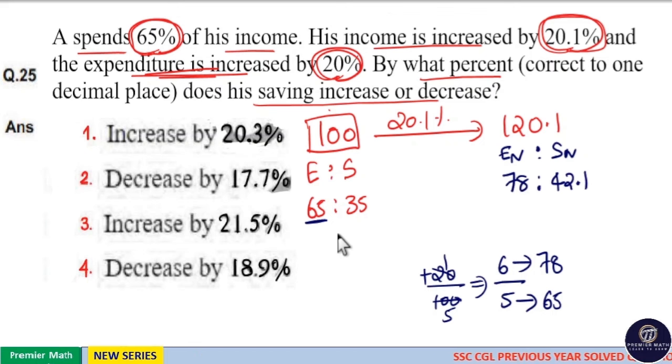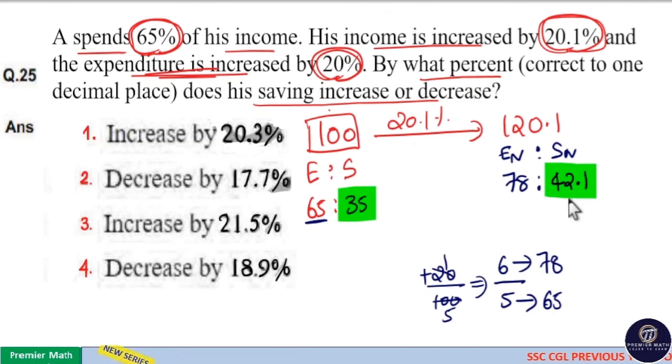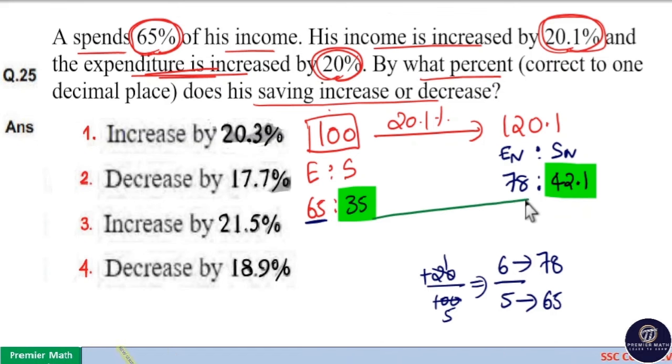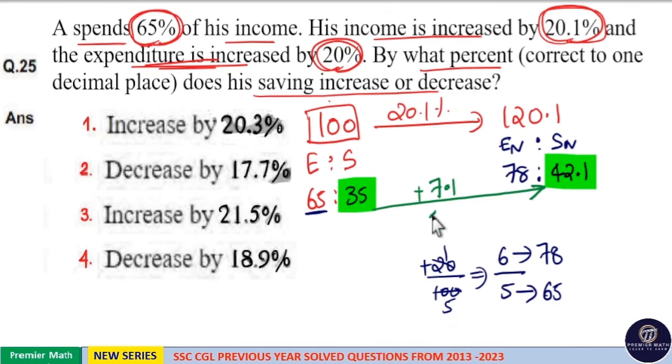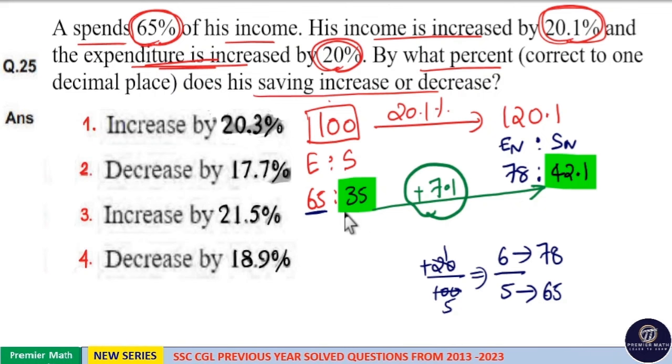Now you can see initially savings was 35 rupees, finally savings is 42.1 rupees. Now here this is increment. Increment is 35 plus 7.1 is 42.1. Here increment is 7.1 rupees and the 7.1 rupees increment is from this 35 rupees.